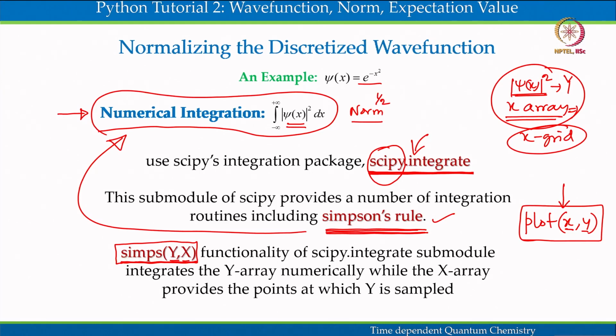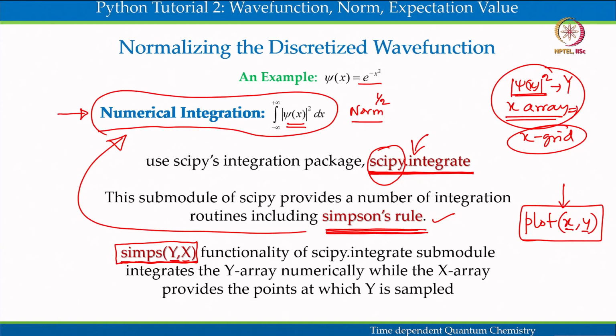or write it like simps(x, y). Don't write it this way, because it is something we may do wrong in the coding.